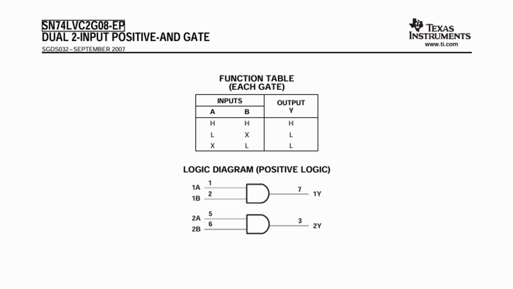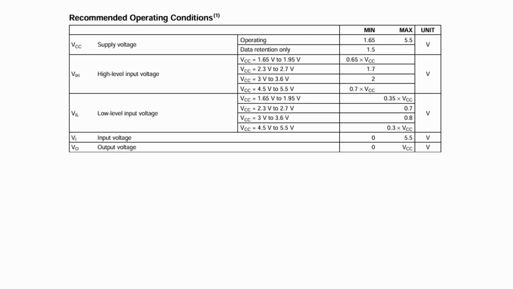Here we can see this data sheet for a dual 2-input positive AND gate. This is just a chip with two 2-input AND gates built in. We can see from the data sheet that we need to power this chip with a voltage somewhere between 1.65 and 5.5 volts. Based on the voltage level used to power this chip, we can determine the required voltage level for a high input.